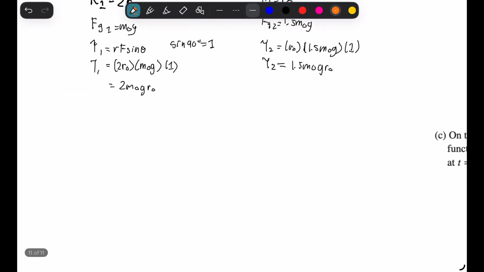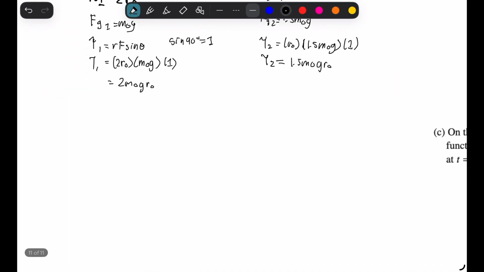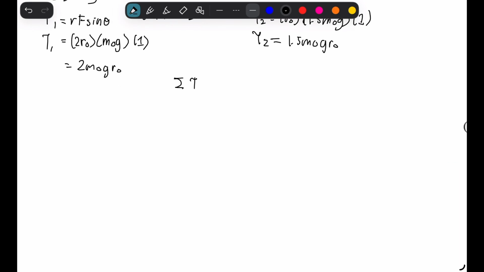So then we can just set up our equation with the summation of torques. They're in opposite directions, so we are going to take the difference of them. The summation of torques is equal to I times the angular acceleration. So here, that net torque will be equal to 2 M initial G R initial minus 1.5 M initial G R initial.